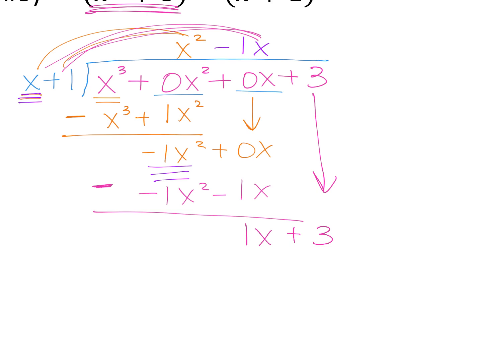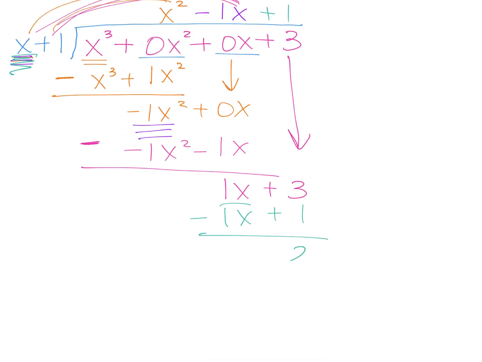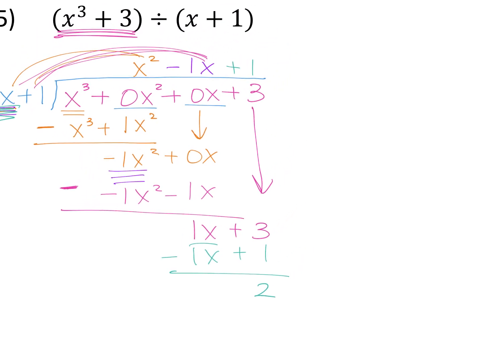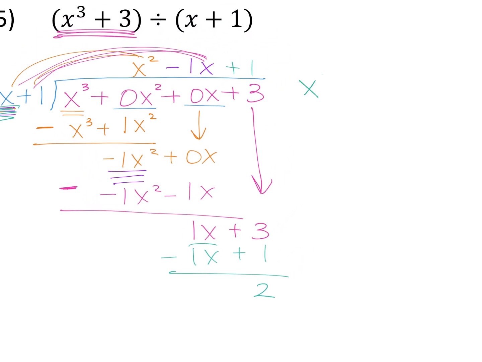What can you multiply x by to get 1x? 1. So a plus 1. So that's going to be 1x plus 1, and we're subtracting. So you get a remainder of 2. So here's your options. Either x squared minus x plus 1, remainder 2.